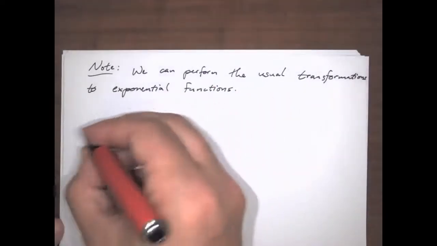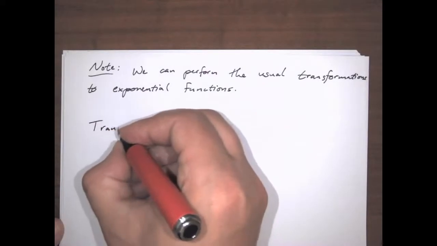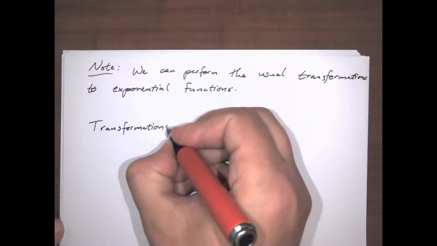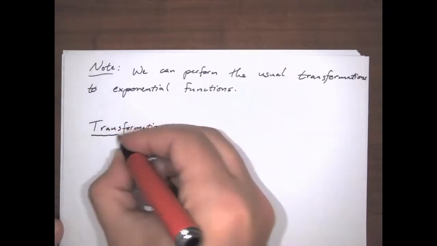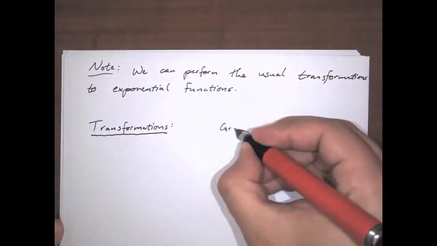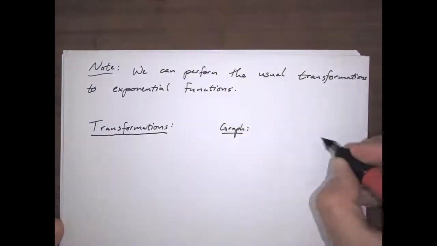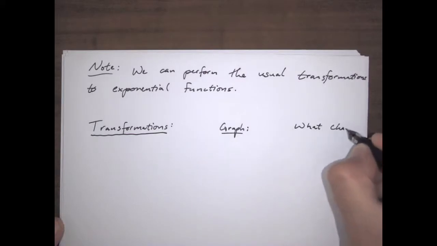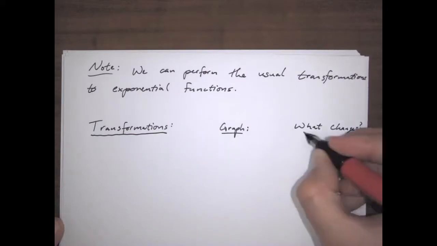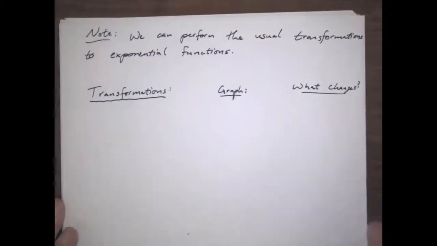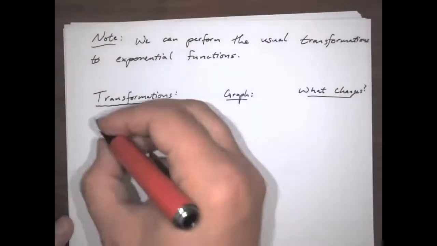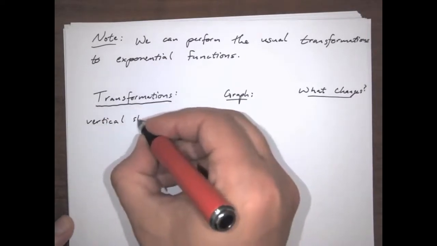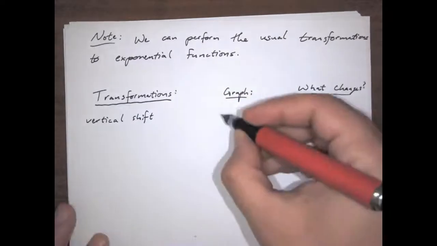So let's look at the various transformations we can do, the graphical side of things, and then what changes. So first off, one transformation that we can do is a vertical shift, up or down.